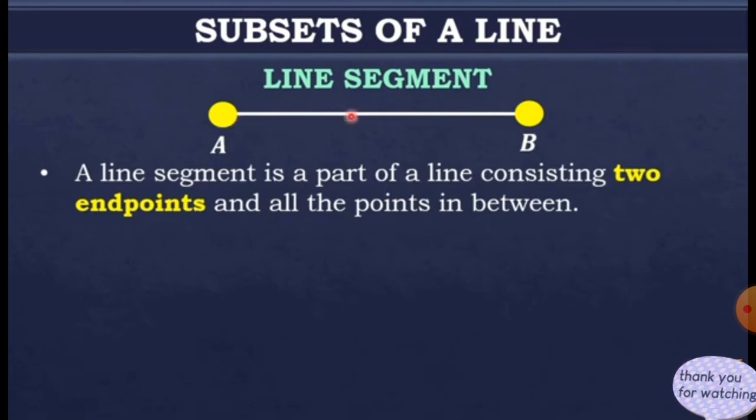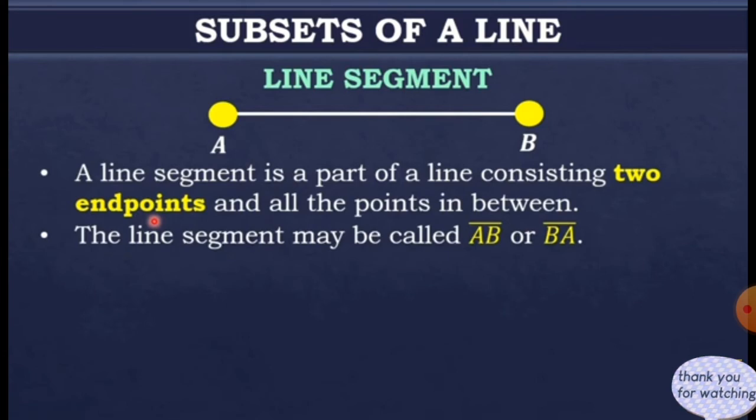Marami rin po yan. Yun nga lang, kahit marami pong points dito sa pagitan nila, meron po silang end. Okay, hanggang dito lang po at hanggang dyan lang po. Yun po ang line segment. Tatandaan na pag sinabi nating line segment, it has two endpoints. Okay, yun po ang pinaka idea po ng line segment.